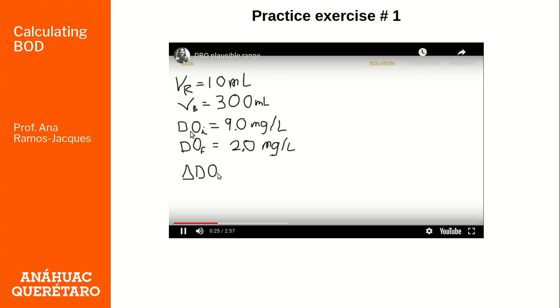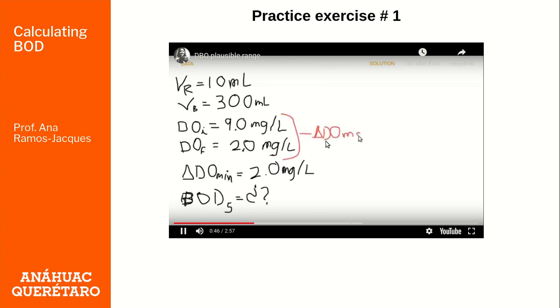Then the initial dissolved oxygen is 9.0 milligrams per liter, and we have the final DO of 2.0 milligrams per liter. These two give the delta DO. This is the measurement we have.